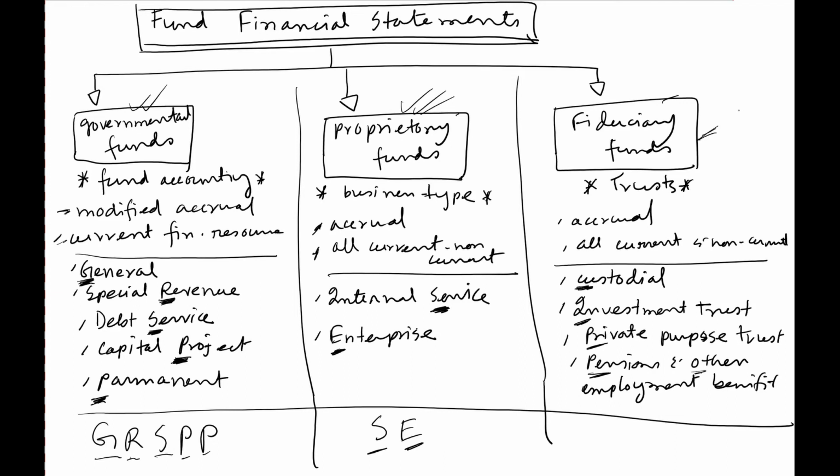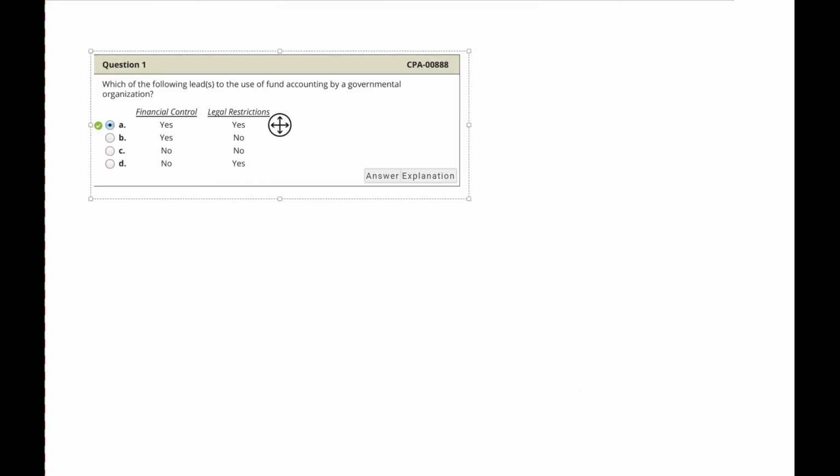To remember these fiduciary fund types, the notation is CIPPOE. The last OE covers both pension and other employment benefits. If you want to use this tip, it might help you remember all the different types of funds.